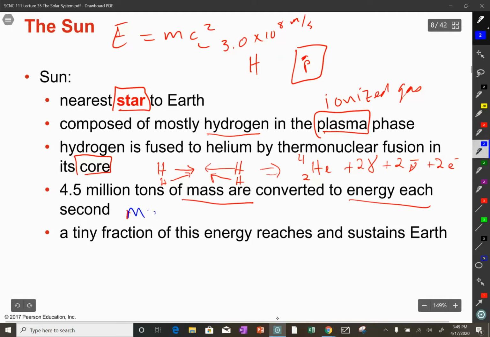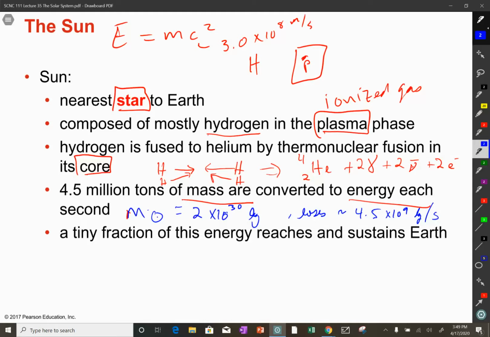But keep in mind, the mass of the sun, circle with a dot in it is the symbol for the sun, is 2 times 10 to the 30 kilograms. So if it's losing about 4.5 times 10 to the 9th kilograms per second, it's going to take a very long time for it to lose all of its mass.